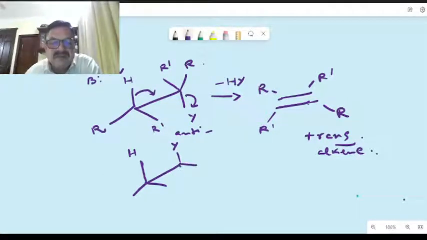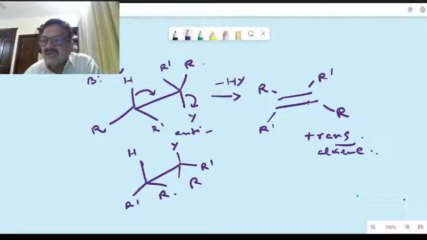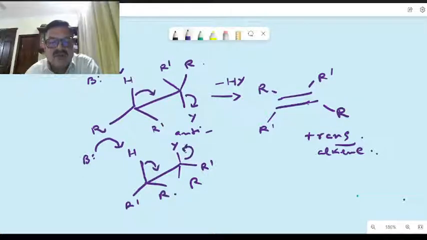Then we have our say R1, R and all these kind of things here. Okay, so here what happens, the base removes this proton here, then a pi bond is formed here, and the leaving group goes off. Okay, so we will be getting, say, minus HY. So we will be getting an alkene here.